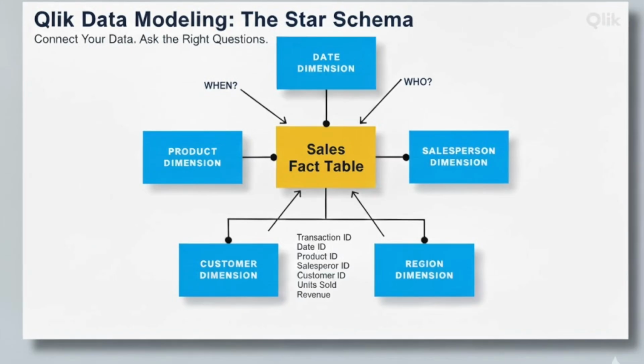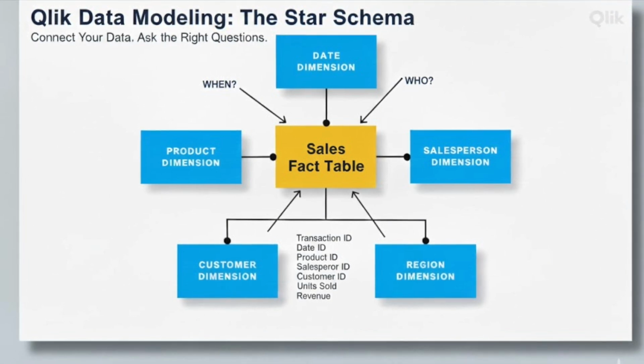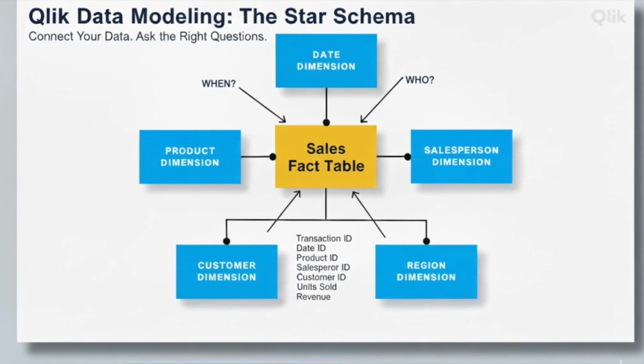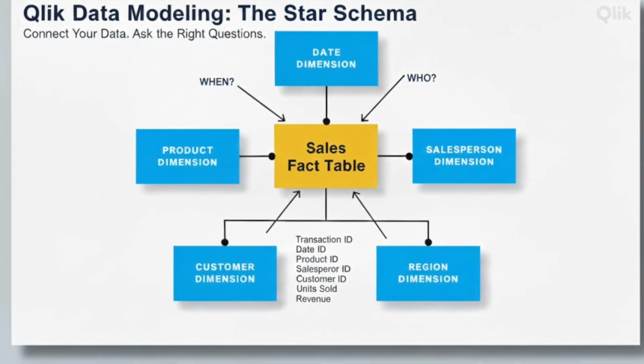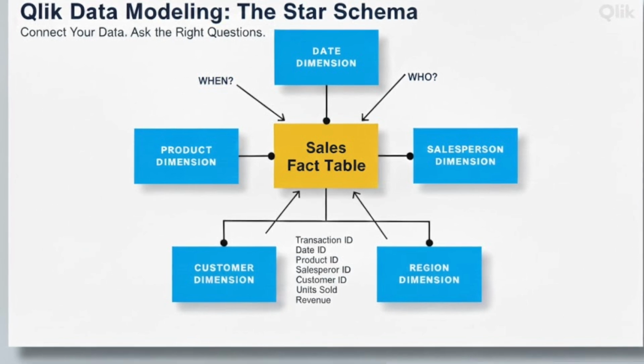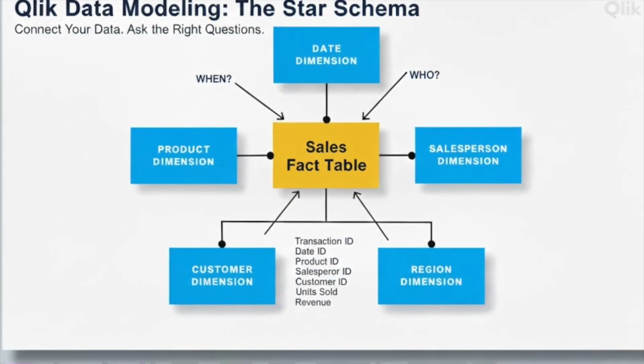The star schema clearly separates those into two table types. The fact table, which contains the event and which is the center of the model, and the dimension table, which completes the fact table with the context. That's why it is surrounding it.